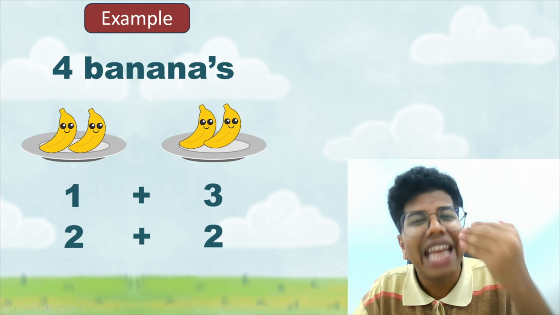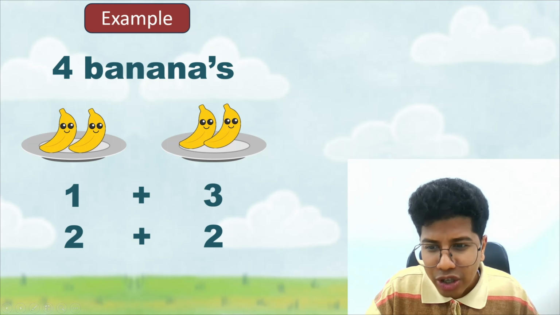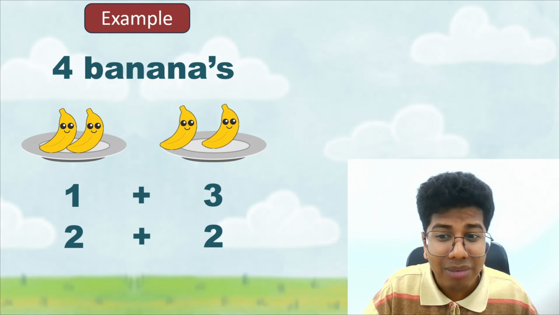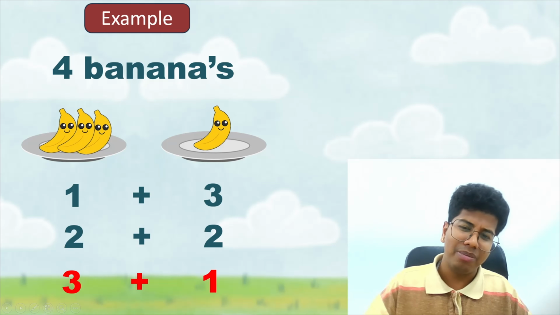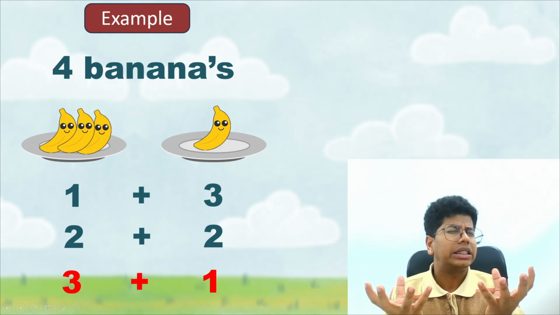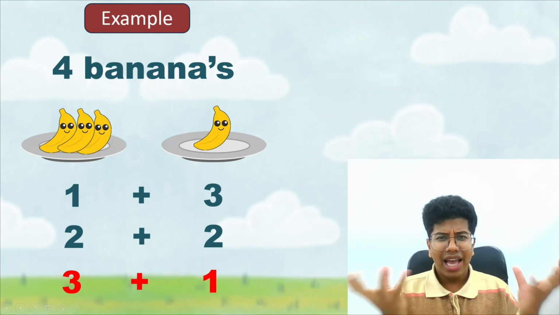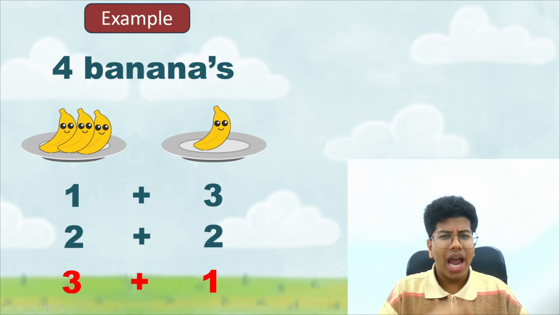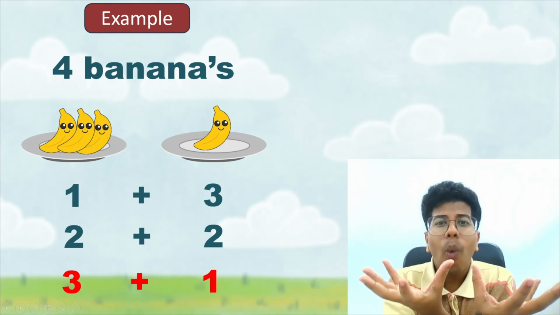Now, what will be the next way of distributing it? After 2, the next number that comes is 3. And what is the remaining number? It's 1. Now tell me, the plates are the same. And here I have 1 and 3, and now in this way I can see it's 3 and 1. 1, 3. 3, 1.